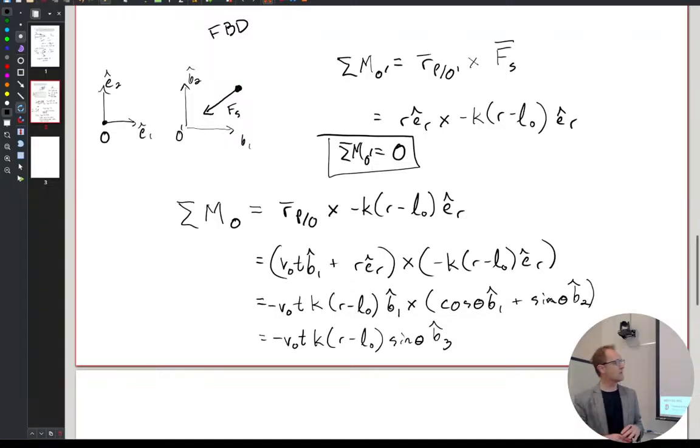In a static system, the sum of the moments and the sum of the forces is always 0, and it doesn't matter where you choose your reference point. But in a dynamic system, because we have both position and force in that cross product, it depends on what you're saying is your reference frame when you can say stuff is 0.